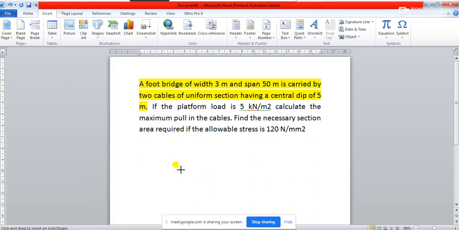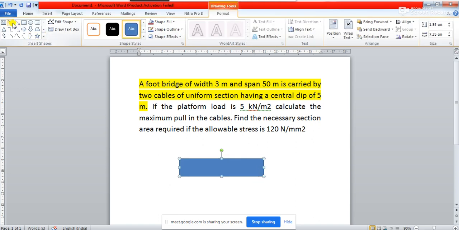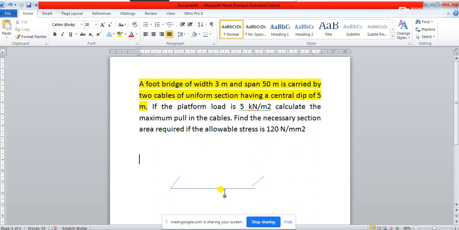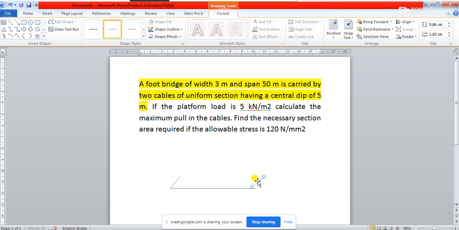So you see, this is your bridge deck. The deck is something like this. This is your deck portion.